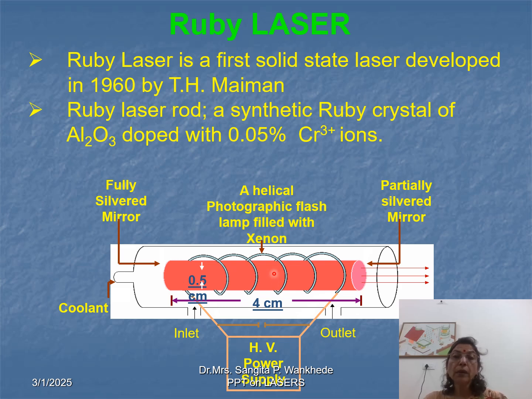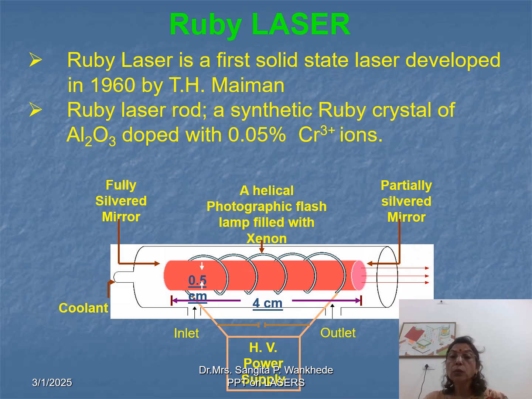Though Al2O3, aluminum, oxygen and chromium ions are there, only the chromium ions are active centers. Aluminum and oxygen are inert, they do not take part in the lasing transition.